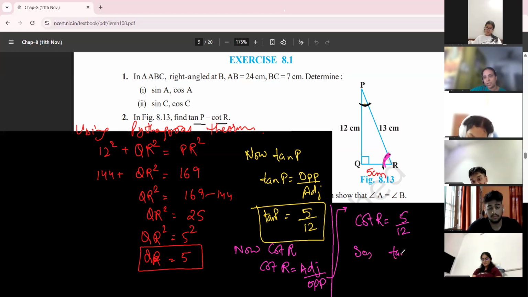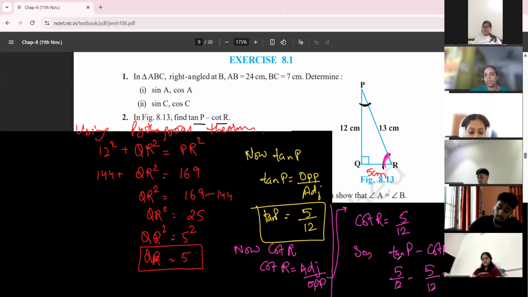So tan P minus cot R is 5 by 12 minus 5 by 12, which is 0. That's the answer. Understood everyone or not? Is this easy? Advika, are you getting it, beta? Yes.